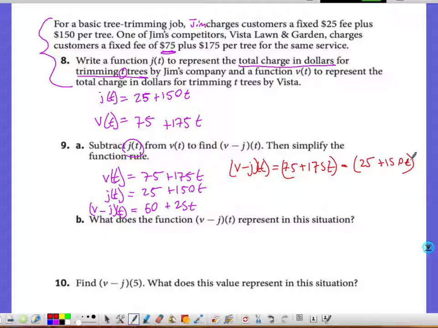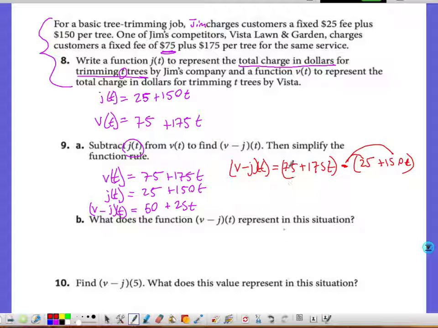Now it's very important that we put each of the functions in parentheses, because since we're subtracting, that means that we're going to have to distribute this negative into each of the parentheses.